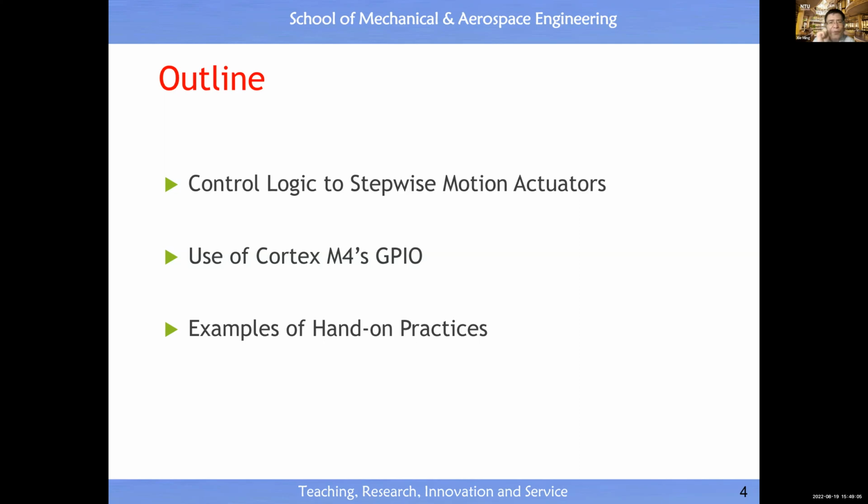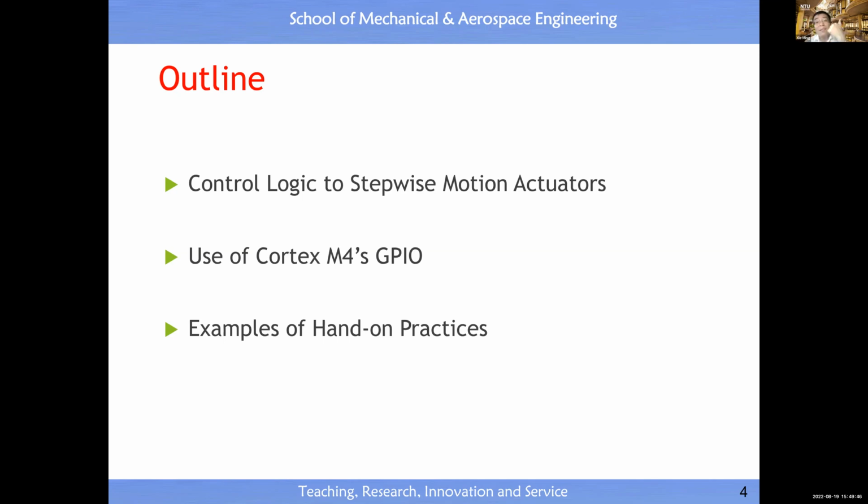So, in lecture 2, I just explained to you how to make use of GPIO. GP means general purpose, IO means input output, to supply the control signal for a stepwise motion motor. But keep in mind, GPIO also allows you to control continuous motion motors with the brush or without the brush, because from the number of phases point of view, actually they are the same, right?